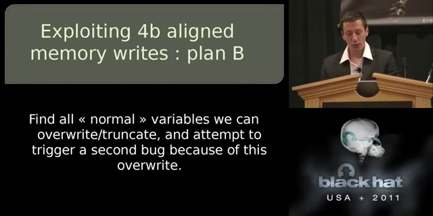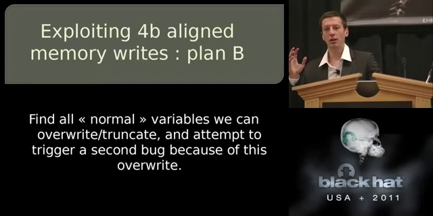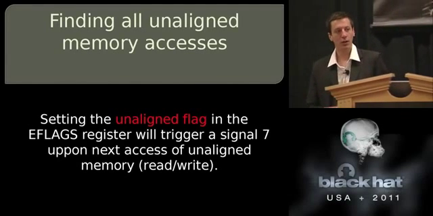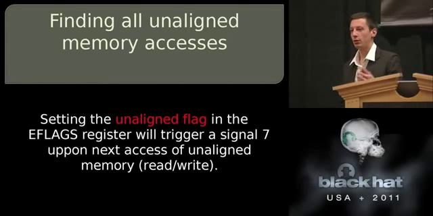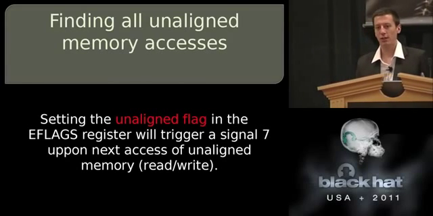Plan B is to check if the application is itself accessing unaligned memory. To do that, we set a special flag in the EFLAGS register, called the alignment check flag. Every time the application reads or writes unaligned memory, the debugger will receive signal 7.